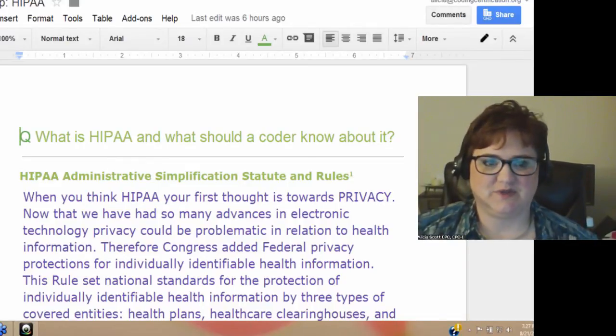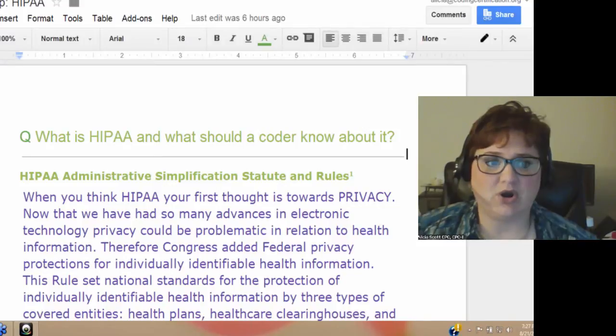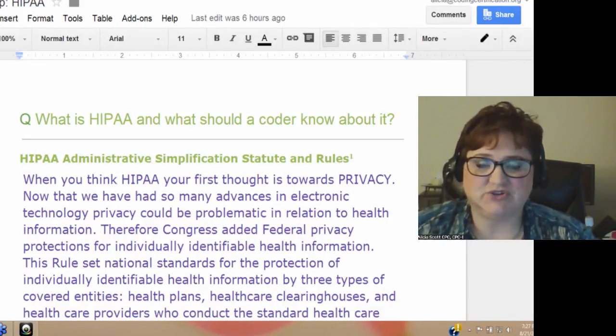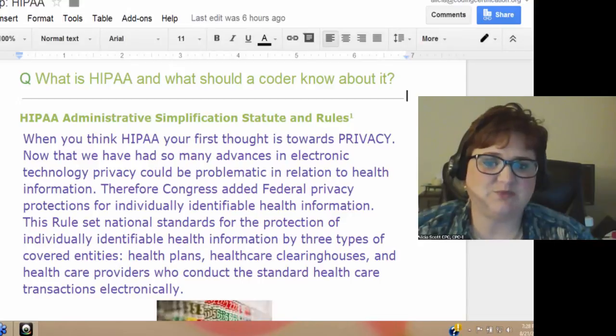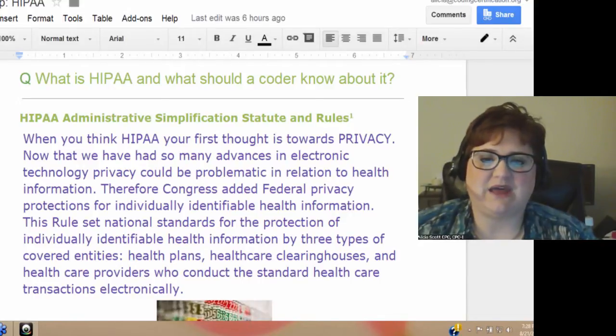So most of the time when you think about HIPAA, you think about privacy. And that is a big part of HIPAA, but it's not the only thing that you need to know about HIPAA, especially if you're a coder. If you're a patient and you're concerned about your privacy, that's when people in the lay community think about HIPAA.